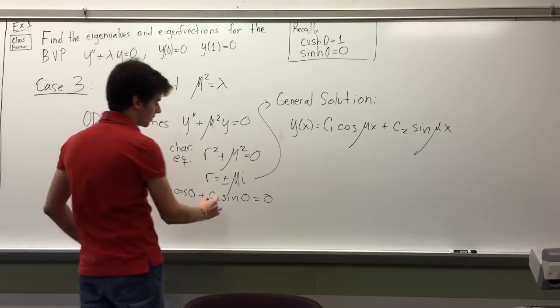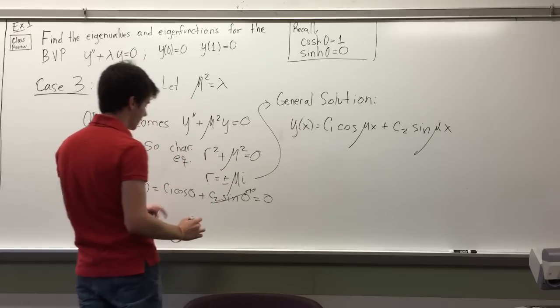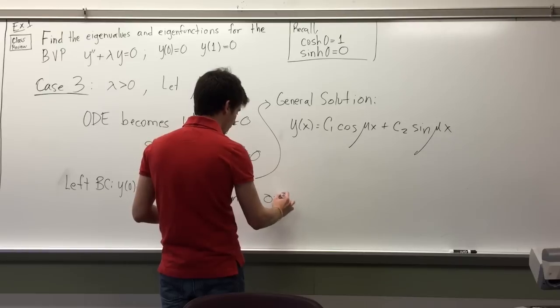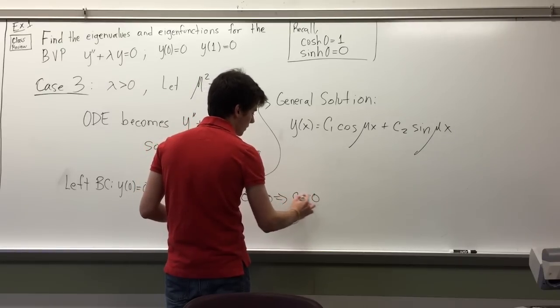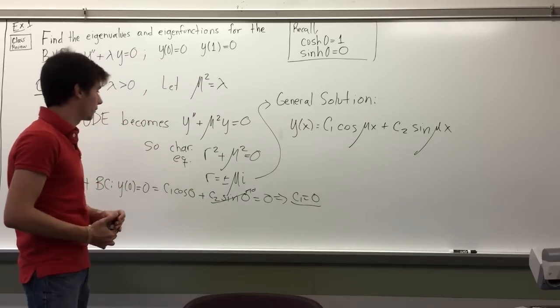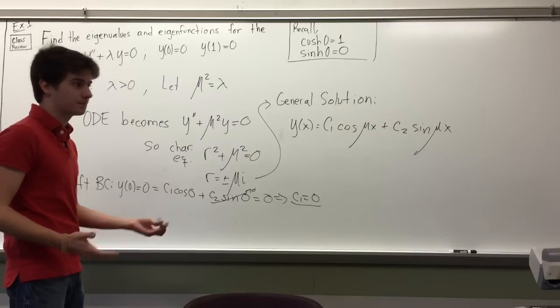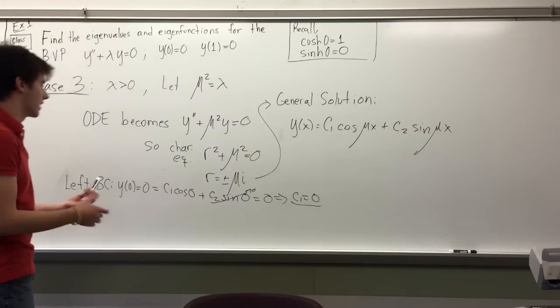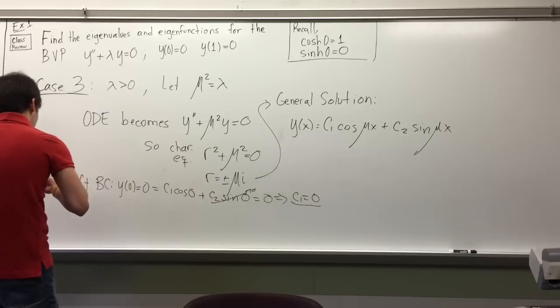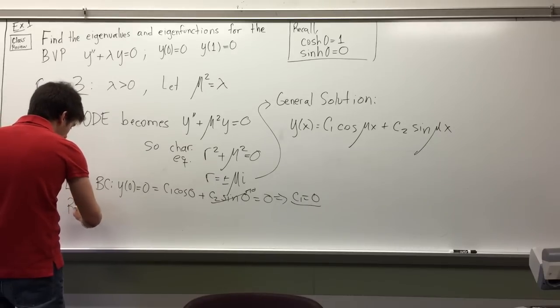Since sine of 0 is equal to 0, this term vanishes, and since cosine of 0 is equal to 1, we know that c1 is equal to 0. So now we're left with our final way of finding the eigenvalues and eigenfunctions, so we know that this one will have to work.